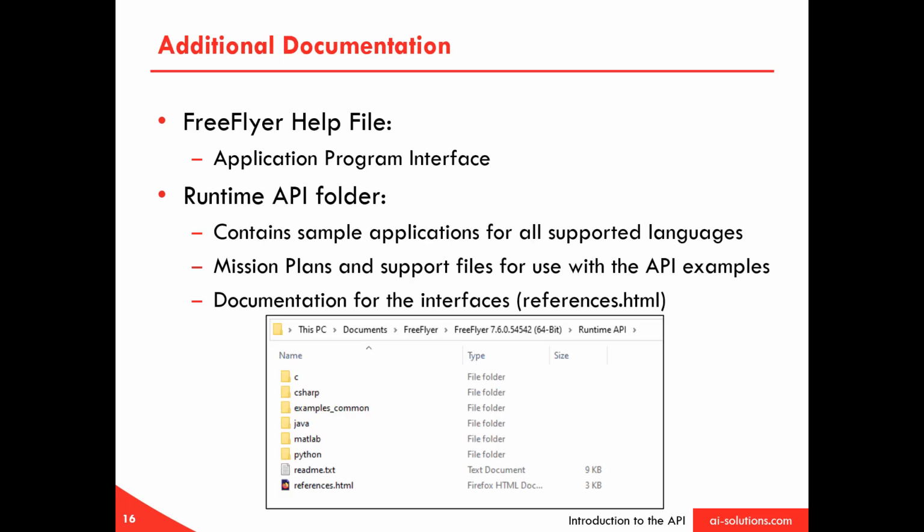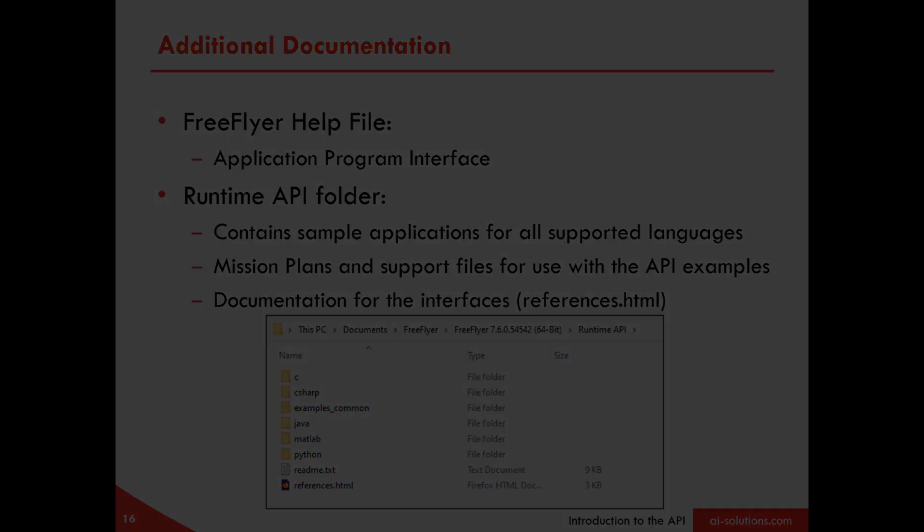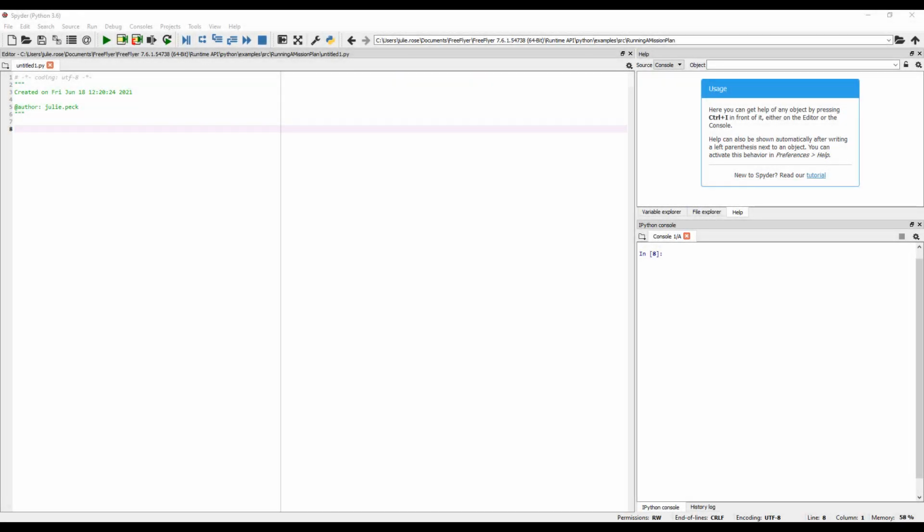Your FreeFlyer installation comes with a number of sample applications in all supported languages for the Runtime API. And today we're going to go ahead and take a look at one of these examples written in Python. So here I have opened the Spyder IDE, and I'm going to go through the whole process of opening up the example application.